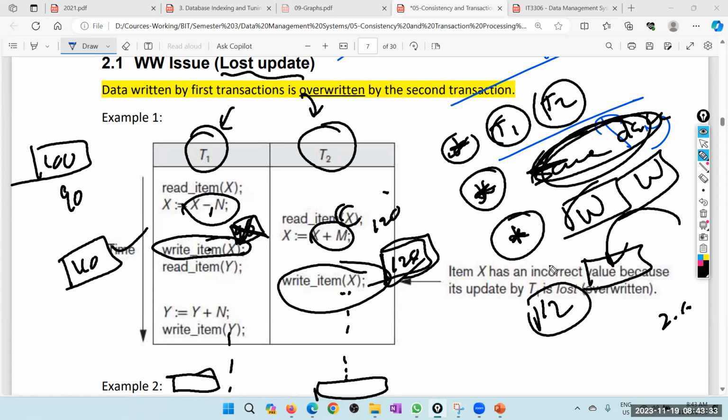That is the same issue here. Lost update. If this guy is pasting the poster on a different board, that is fine. But this is the same board. That is why the first poster is now covered. So the same situation is here. That is called the write, or lost update, issue.